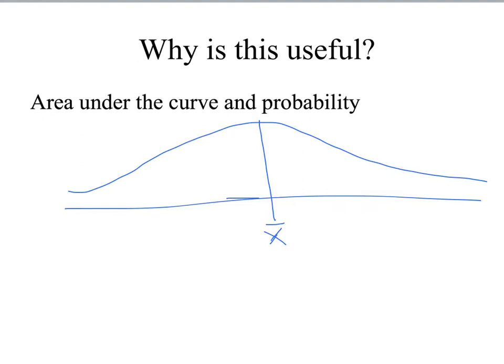That helps us figure out the probability of certain events occurring. The area under the curve is the probability, and it's also the percent of the data that falls in that range.